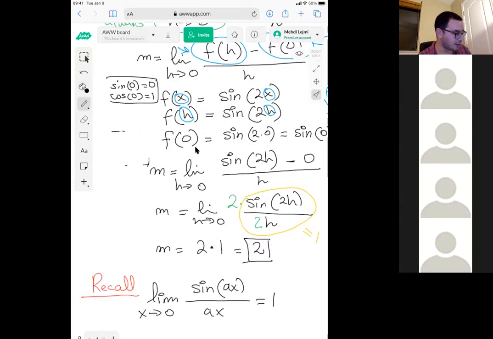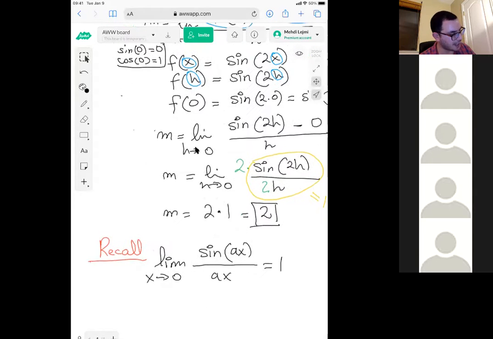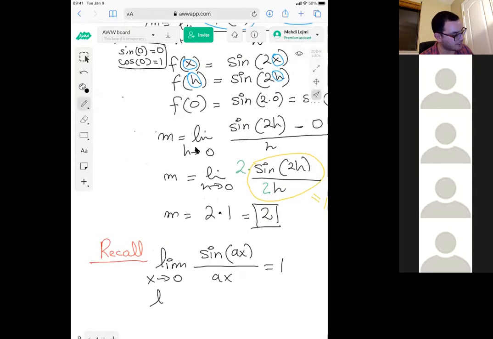Again, you cannot cancel out the ax here. This is the sine of the angle ax. So it's like saying sine of 3x over 3x, or sine of 2x over 2x, that will be 1. What I have here is sine of 2h over h.